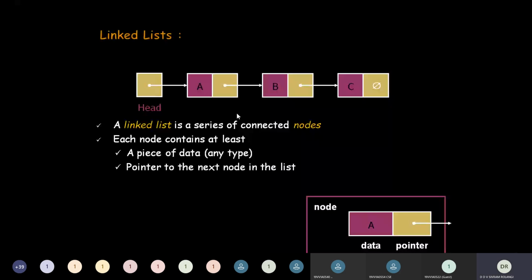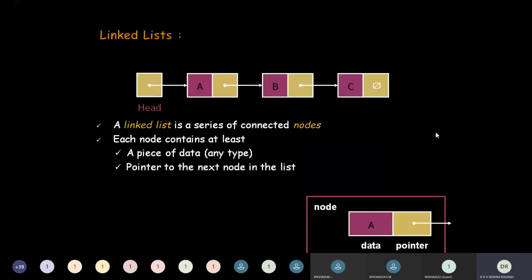As you can see here, apart from the actual nodes, we'll also be using two sentinel nodes. These sentinel nodes are used to keep track of the elements in the list. Generally we use two sentinel nodes: one is head, the other one is tail.